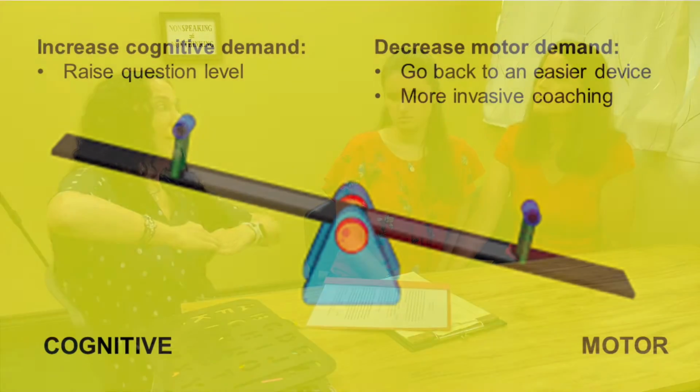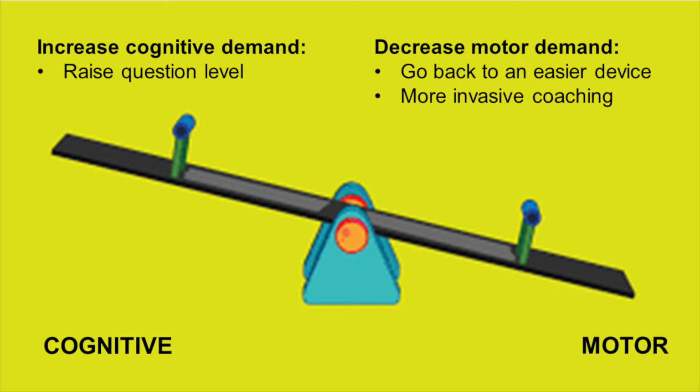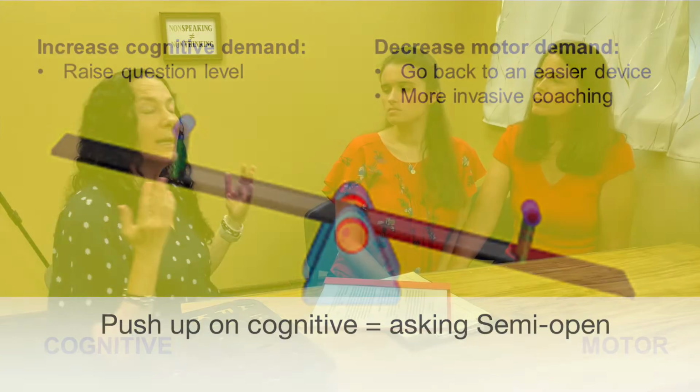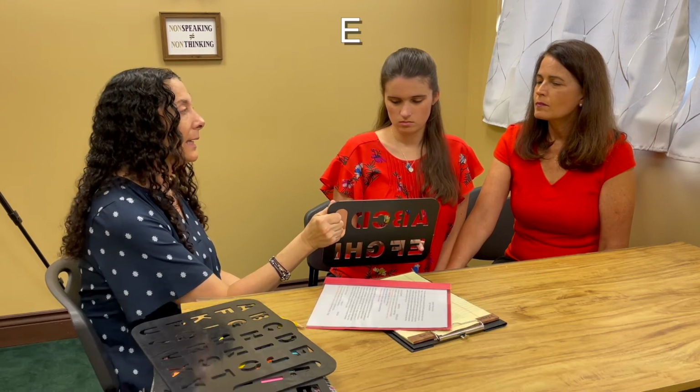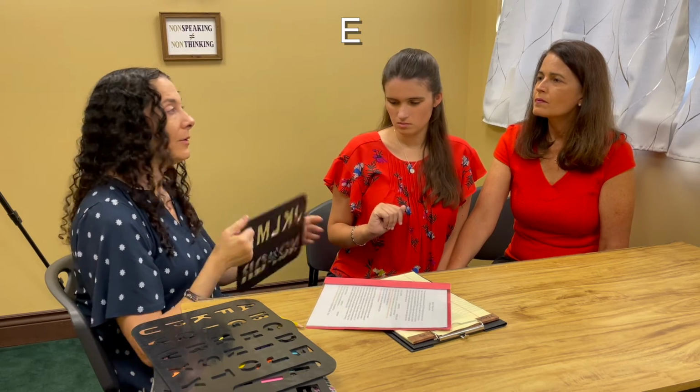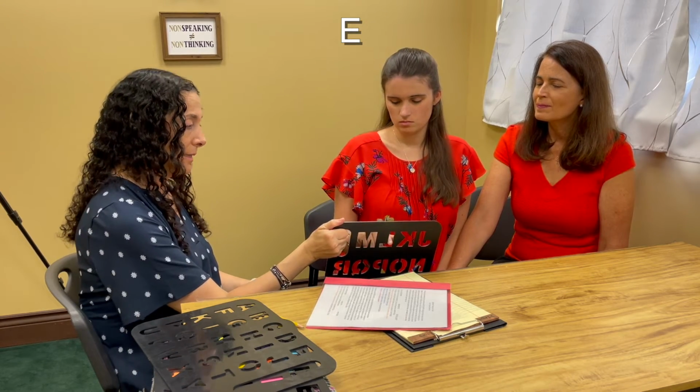I might say, today we're going to push up a little smidge on that cognitive piece. Of those 3 people I was mentioning, who do you want to say? Pick one out of your own head. E. I now know that she wants to spell her own name. E, L, and so on. You don't have to spell the whole thing. It's long.